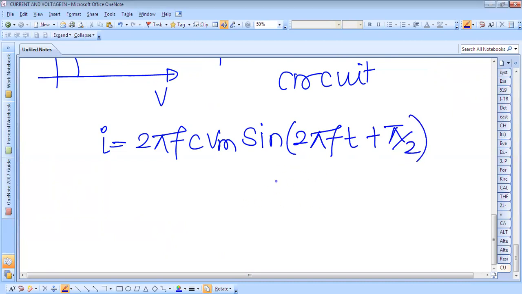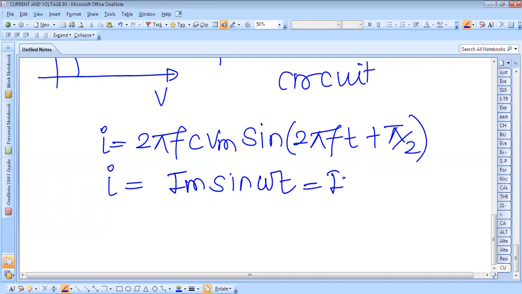We compare this with Im sine omega t, where Im is for the current, and if you compare these equations, we can say this is Im.